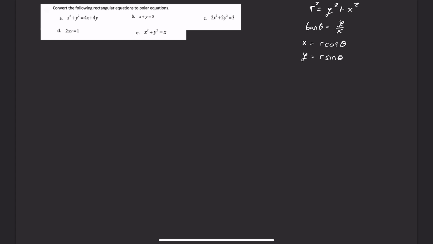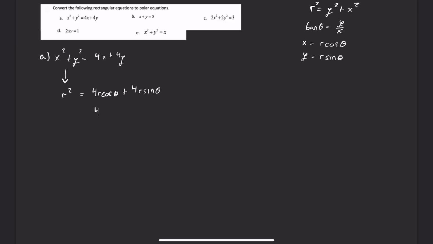Okay, so starting off with A, we have that x squared plus y squared is equal to 4x plus 4y. Here we could clearly replace this with an r squared. Here we can replace 4x with 4r cosine theta and 4y with 4r sine theta. Now, we could factor and solve for r.